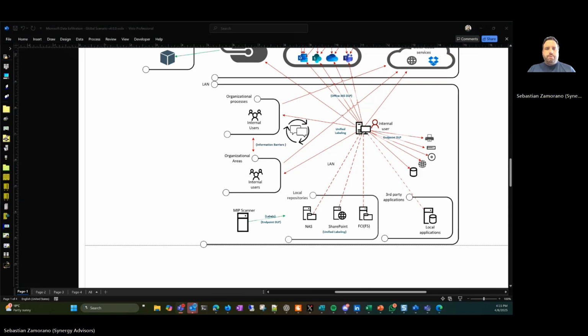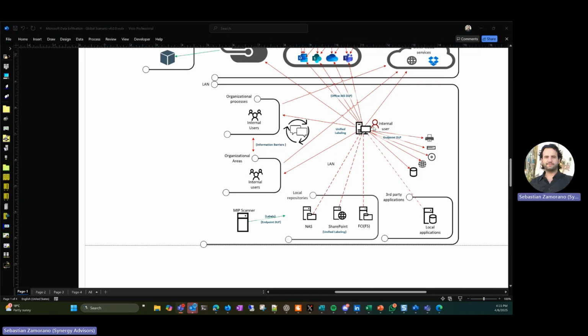Let's go. Okay, here you can see a common user inside of the corporate network. That same user can access a local drive, web pages, external drives, a printer. That same user can access third-party applications.